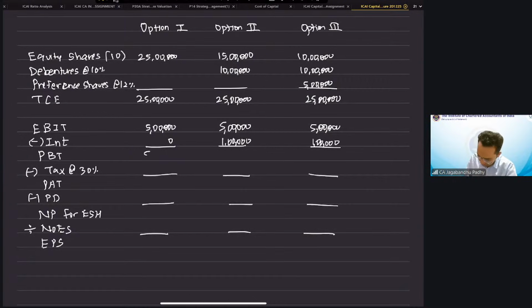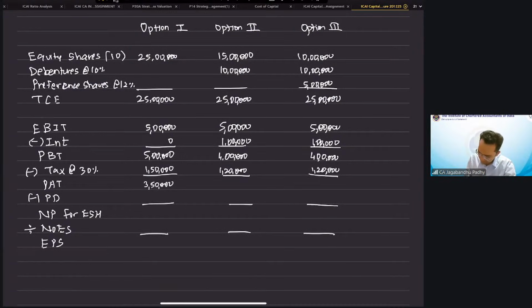And the PBT stands as 5 lakh, 4 lakh, and 4 lakh. Tax will be at the rate of 30%. So we have 1,50,000 as tax and 1,20,000 being the tax in the third case.